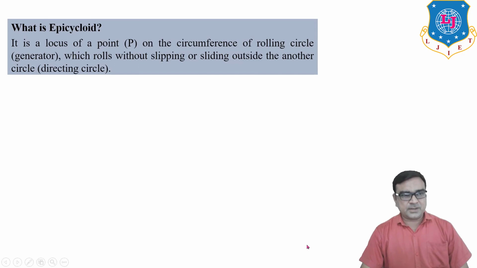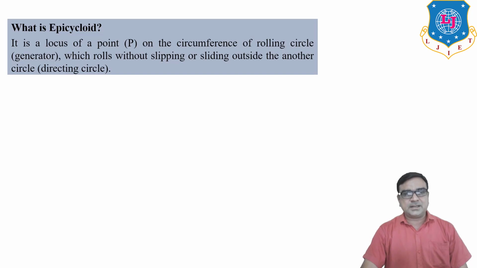What is the epicycloid curve? It is the locus of a point P on the circumference of a rolling circle which rolls without slipping or sliding outside another circle, which is known as the directing circle.